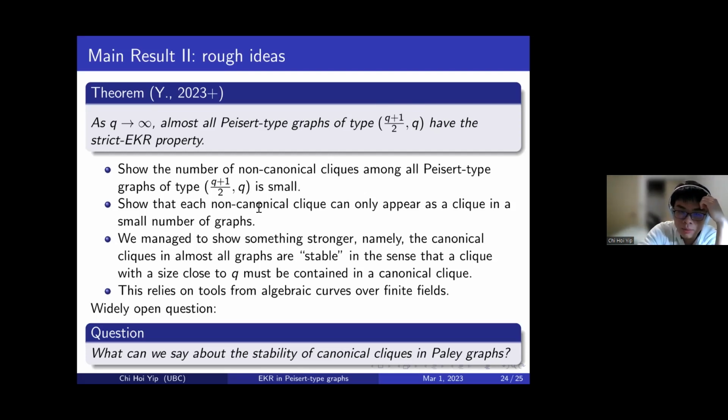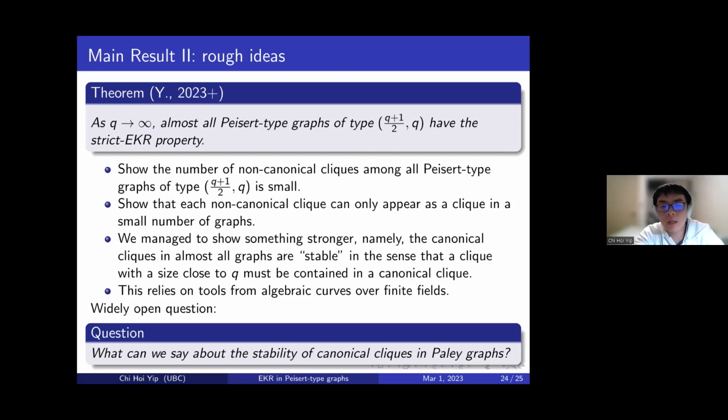To prove the second estimate, we need more tools from the EKR type result for Peisert type graphs, which I didn't go into deeply. I just want to quickly mention that we can actually show something stronger. We can show that almost all Peisert type graphs are stable, in the sense that these canonical cliques are stable.